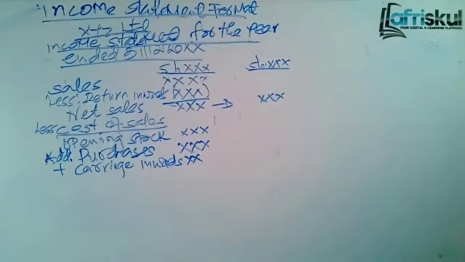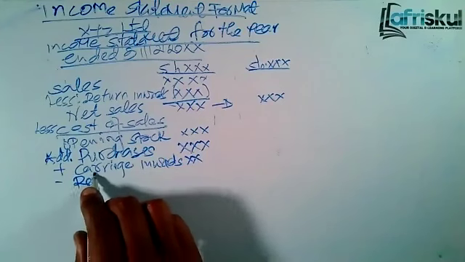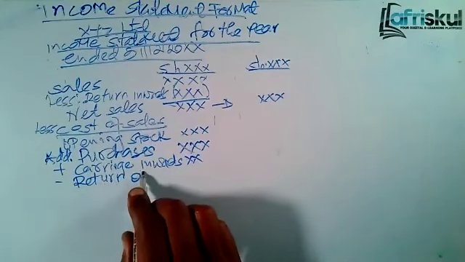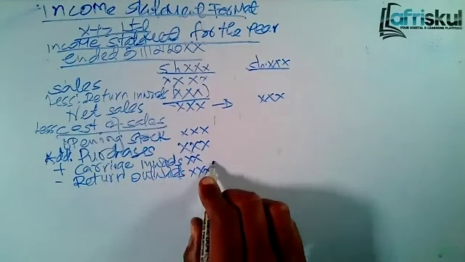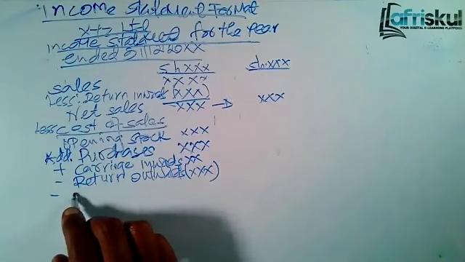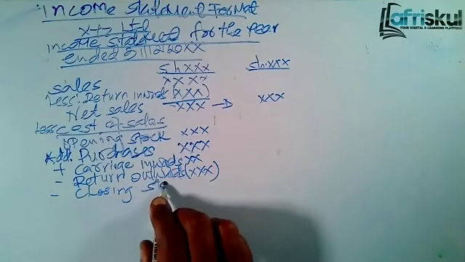You take them there, the carriage inwards. You less the return outwards. And then the last part that you need to less is the closing stock.